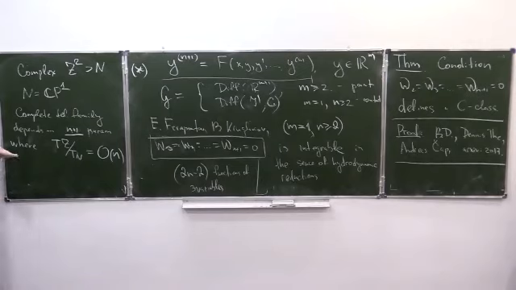For example, if you take a line inside P2, it will be O(1), and there will be a two-dimensional deformation family, and it will be all lines in P2. So starting from a line in P2, you get the equation y2 prime equal to 0. But one may take, for example, a conic in P2. That's also a rational curve. And then as a complete deformation family, one gets all conics in P2.